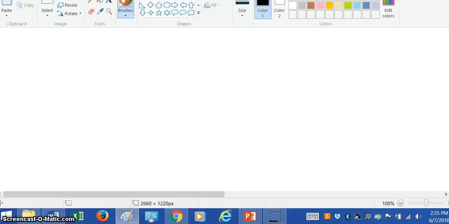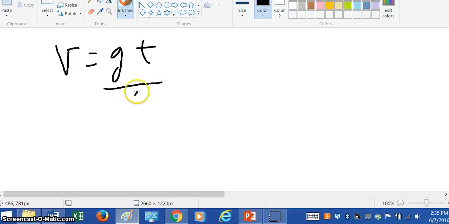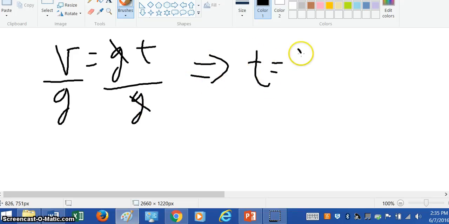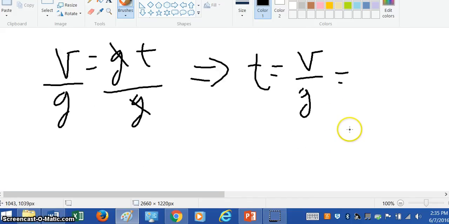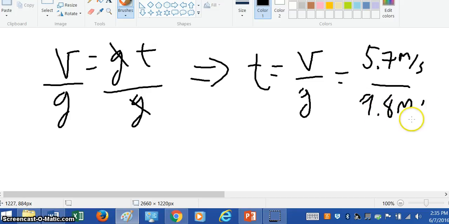Taking v equals g times t, this time we'll solve for t. You divide both sides by g, and the g's cancel on this side, so the time is the velocity divided by the acceleration due to gravity. The velocity was 5.7, so let me put that in here: 5.7 meters per second divided by 9.8 meters per second squared.